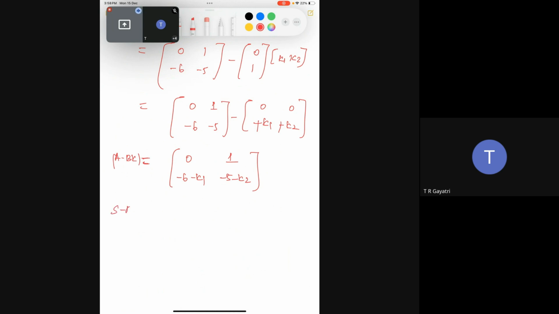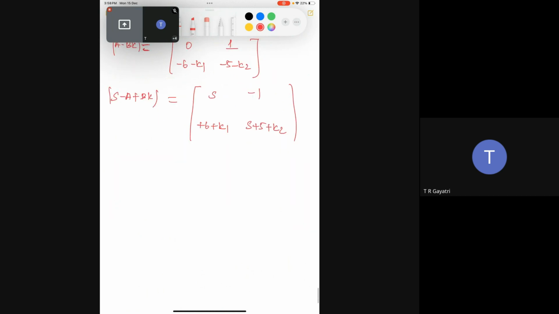Now what we are going to do is find sI minus A plus BK. It will be S, minus 1, 6 plus K1, S plus 5 plus K2. Now S into S plus 5 plus K2, minus of minus 6 minus K1 equal to 0. So S square plus 5 plus K2 into S, plus 6 plus K1 equal to 0.